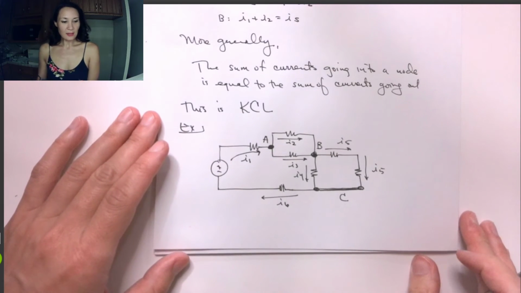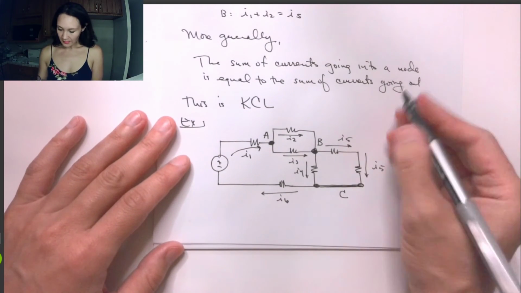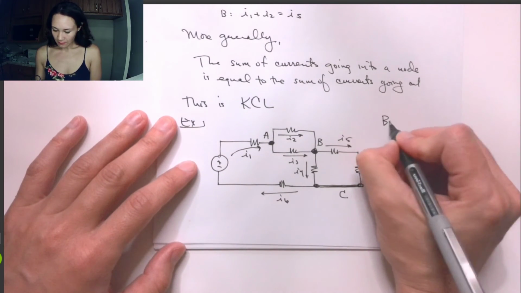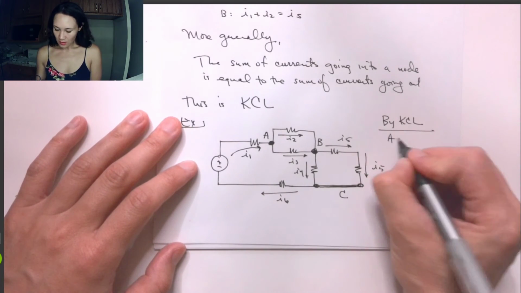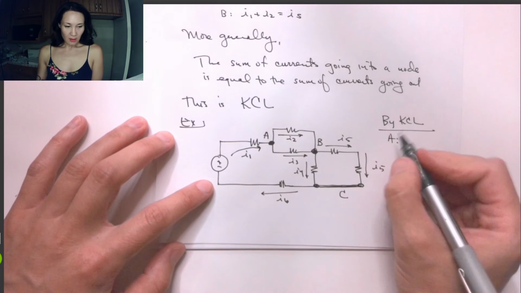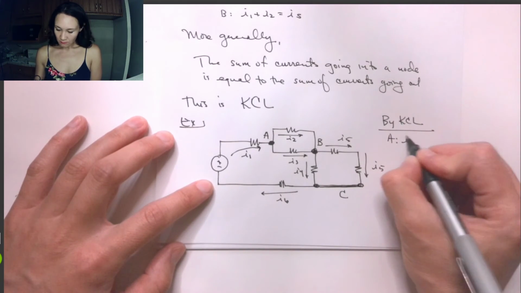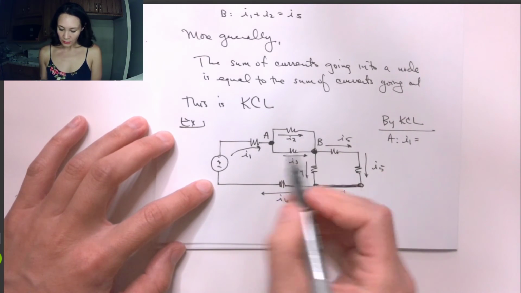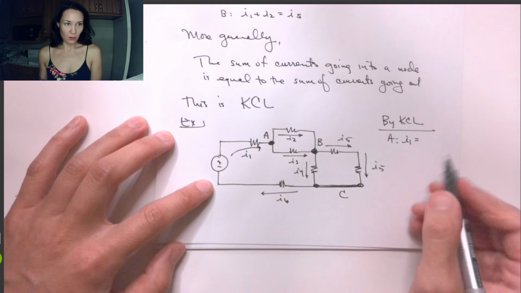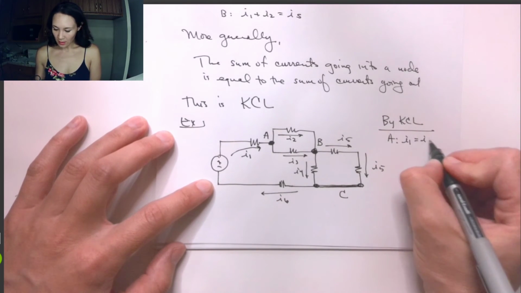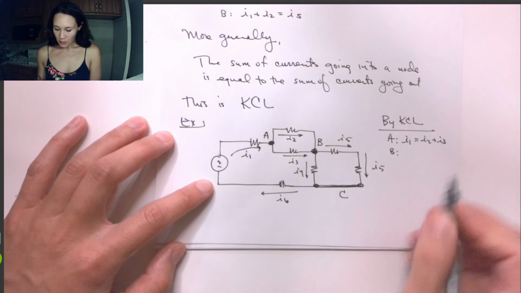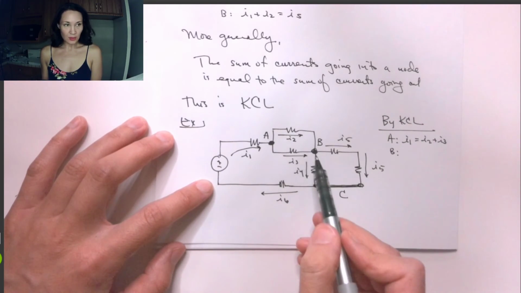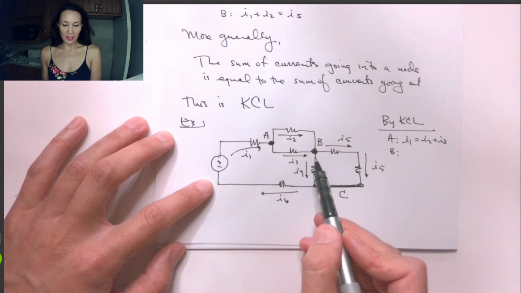Okay, so KCL tells us that at node A, I1 goes in, and I2 and I3 come out of node A. So that means I1 is equal to I2 plus I3. Great, so then at node B, we have I2 and I3 coming in.